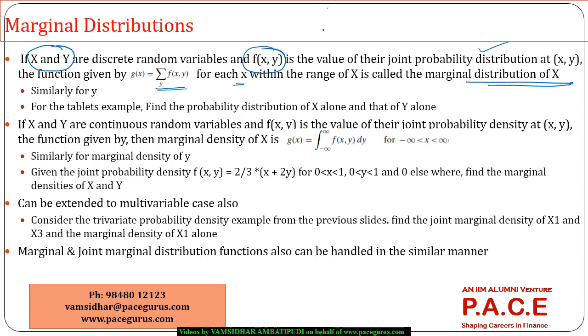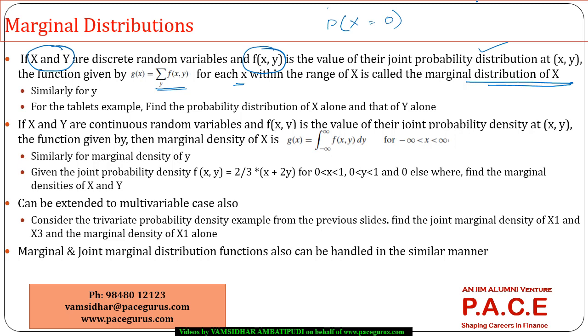Which means I am taking only x and all the y's. So when I am saying probability of x equal to 0, I am looking at x equal to 0, y is 1; x equal to 0, y is 2; x equal to 0, y is 3. For x equal to 0, I am looking at all possible probabilities of y and summing it up.